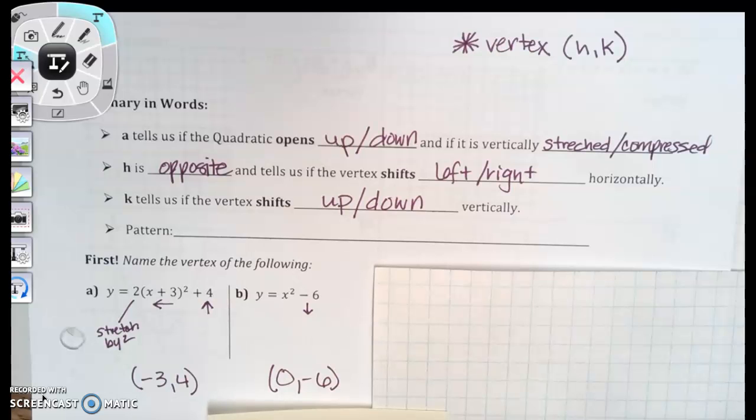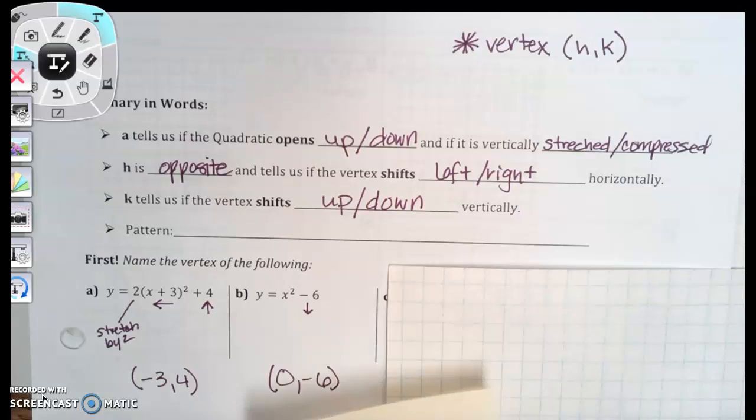Notice I didn't draw an arrow pointing right or left because nothing is being added or subtracted to that x. So it doesn't shift left or right, but it does shift down 6 units, and then the vertex is at 0, negative 6.